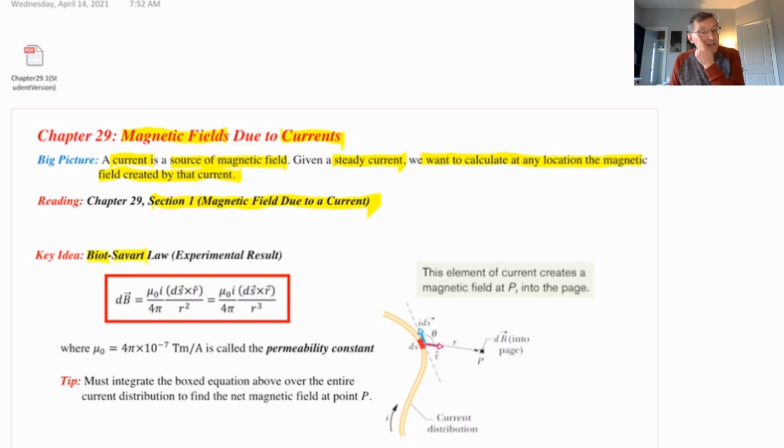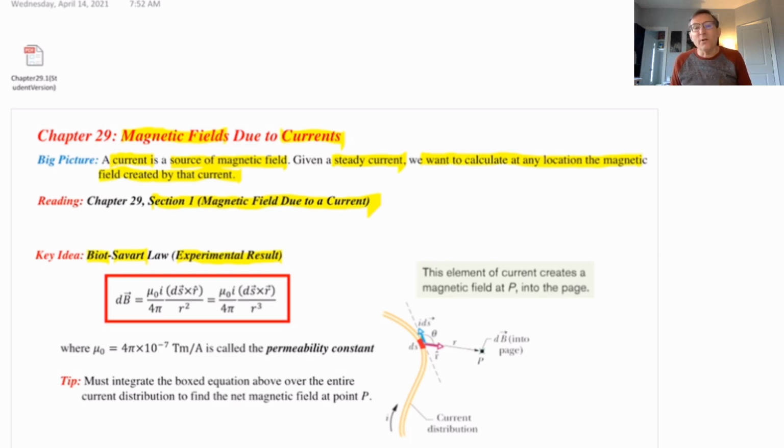As we discussed this result in the United States, we pronounce those names Biot and Savart. So it's often called the Biot-Savart law, but it is really just a statement of an experimental result, which we are now going to state in more modern language, and it's going to enable us to calculate the magnetic field produced by a steady current.